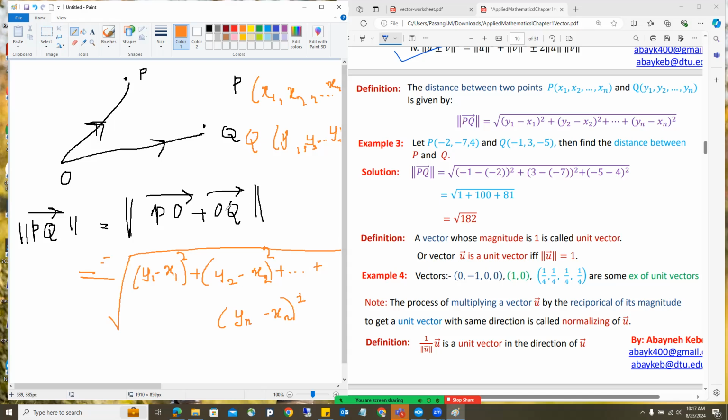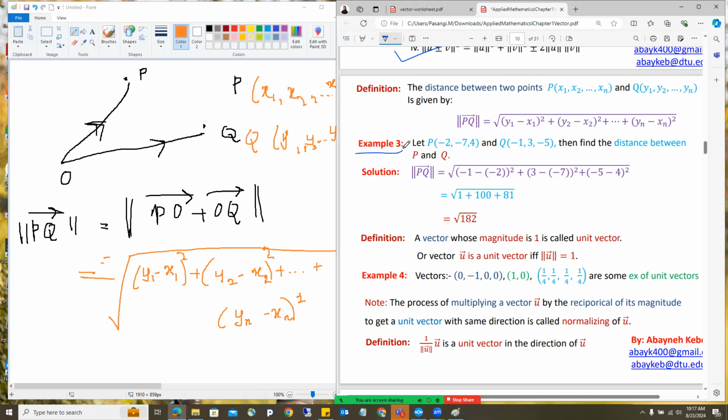Is it clear? So PO plus OQ, yes. Then P, we have to compare it with the origin. So we have this OP and OQ value. Then that is basically P minus Q, sorry, Q minus P.